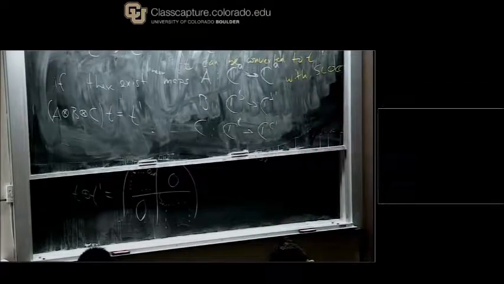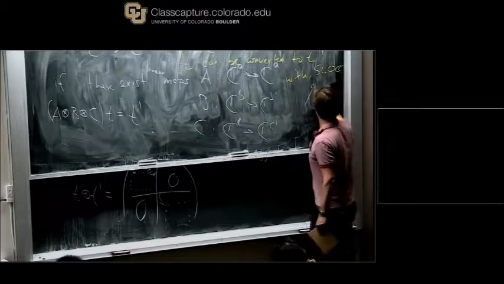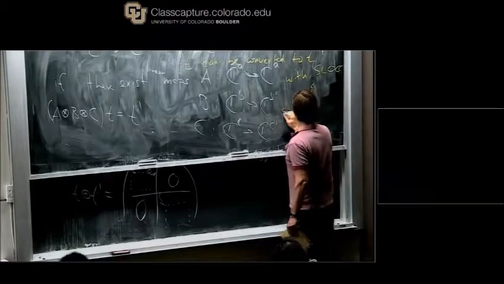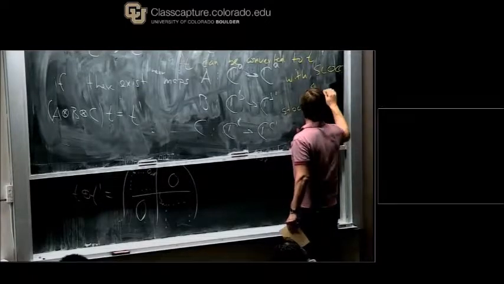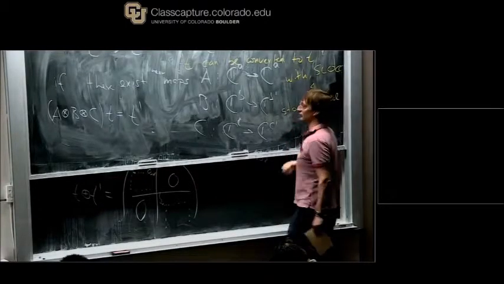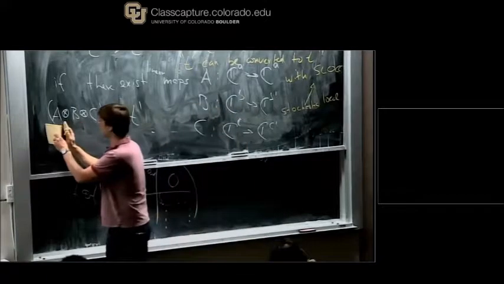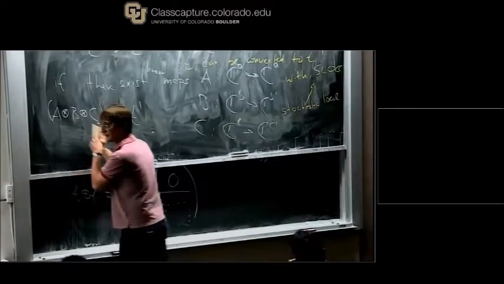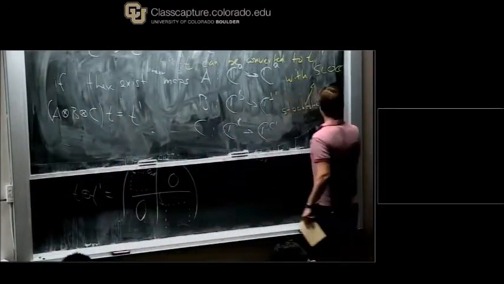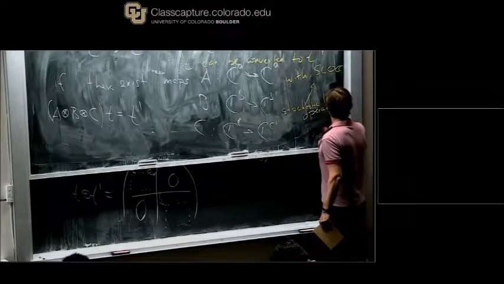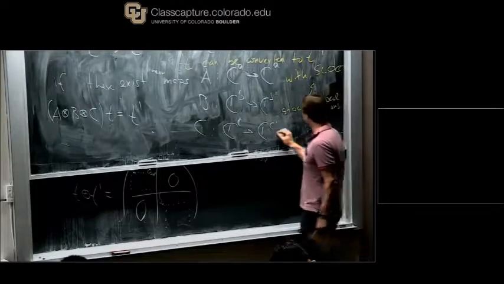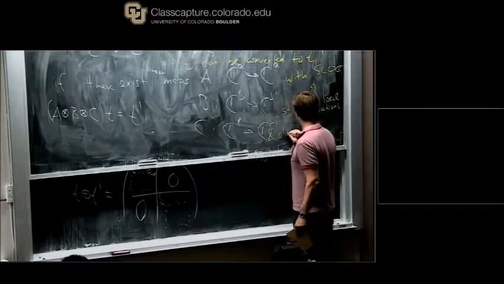Okay? And SLOCC stands for stochastic local operations and classical communication. All right? The local is easy to understand. That's just like I do something on particle A, I do something on particle B, I do something on particle C. Local operations. Okay, and then there's some weird part, classical communication.